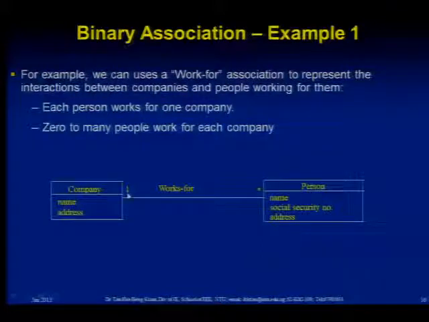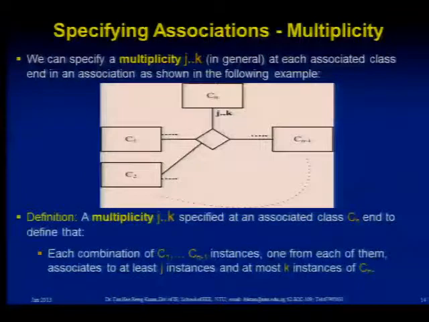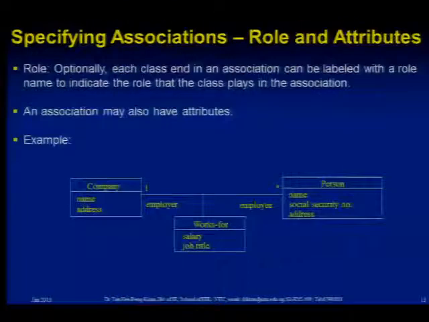What is the meaning? As I explained earlier, you have to interpret exactly according to the definition. 1 here means that for each combination of objects, one from each remaining associated class. But how many remaining associated classes are there here? Only 1, because this is a binary association and I'm at this end now. So the remaining associated class is only the person class.